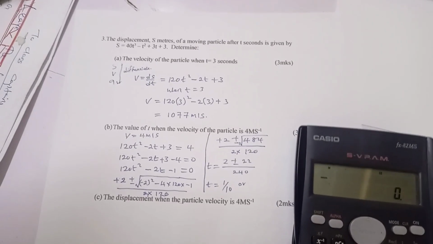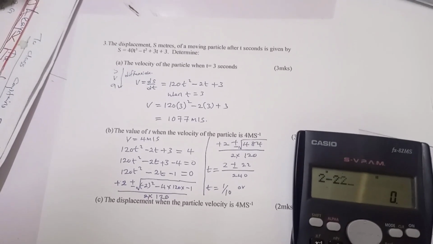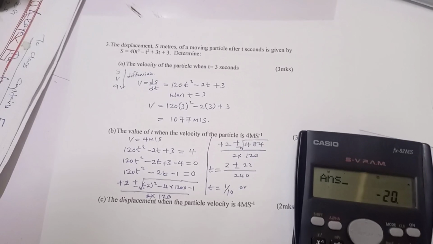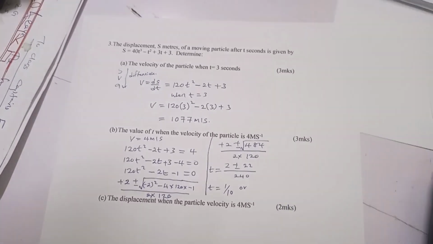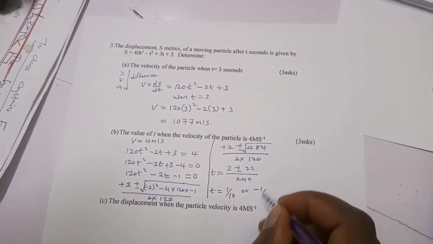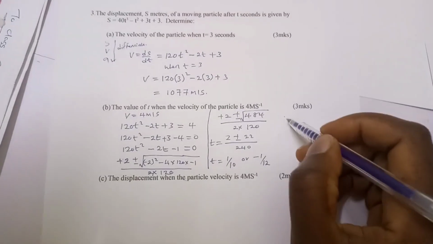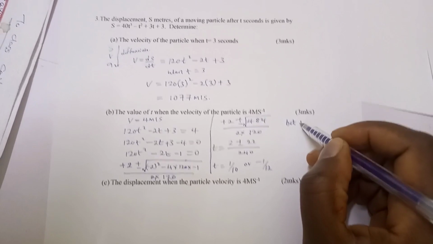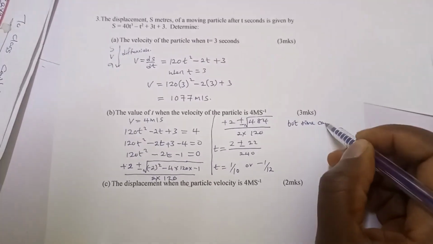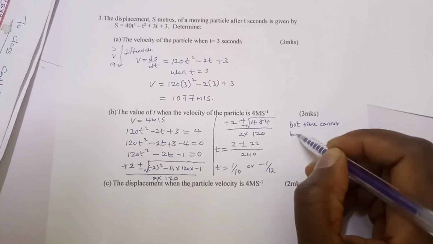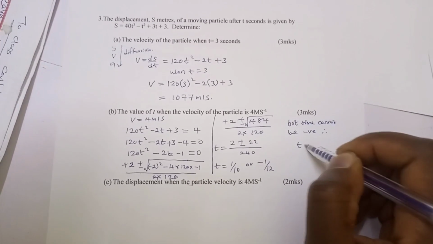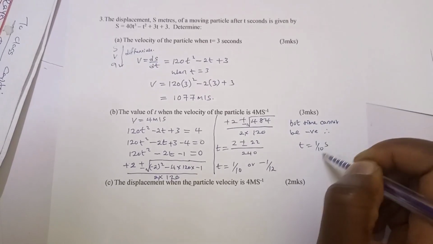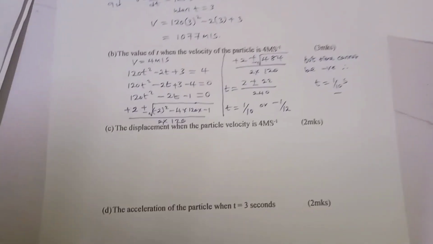When we take the negative sign, we have 2 minus 22 divided by 240, which is negative 1 over 12. But we cannot have the value of t being negative, so we go for the positive value, t equals 1 over 10 seconds.